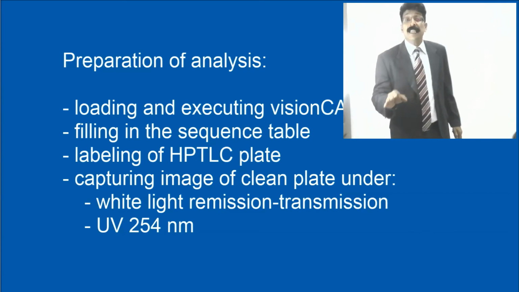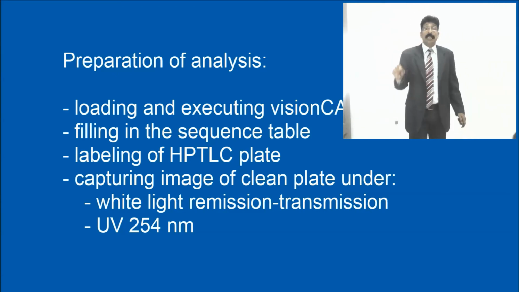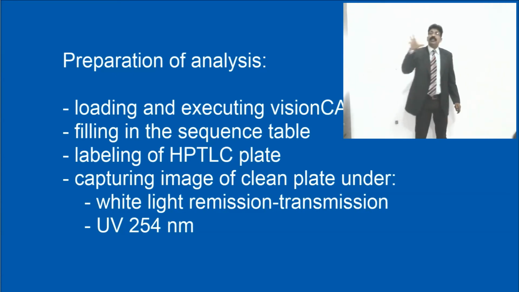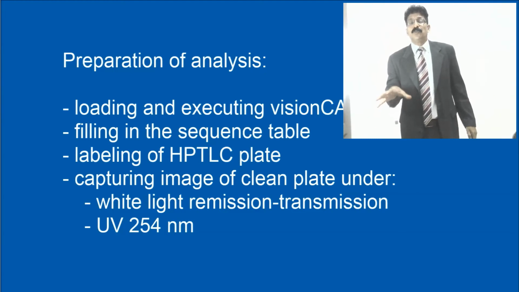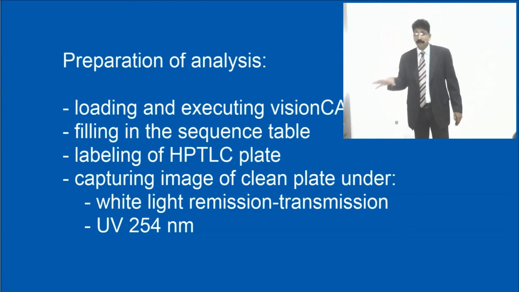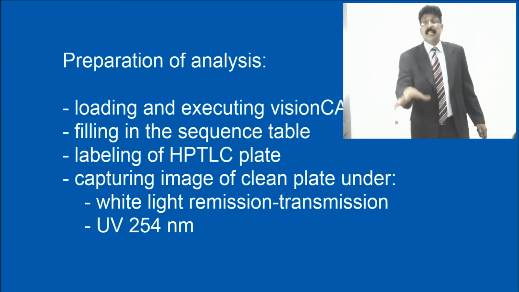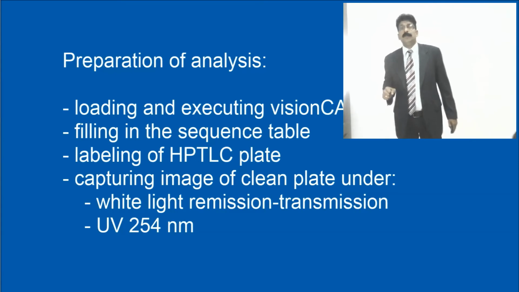Label the HPTLC plate by means of a pencil, and capture the image in the computer under normal light and UV light at 254 nanometer and 366 nanometer. Before derivatization the plate can be visualized, photographed and recorded, and the spots can be identified.